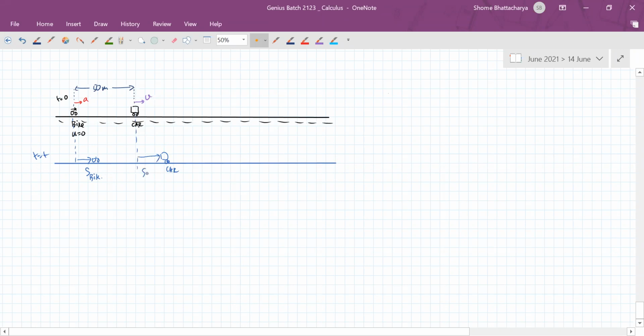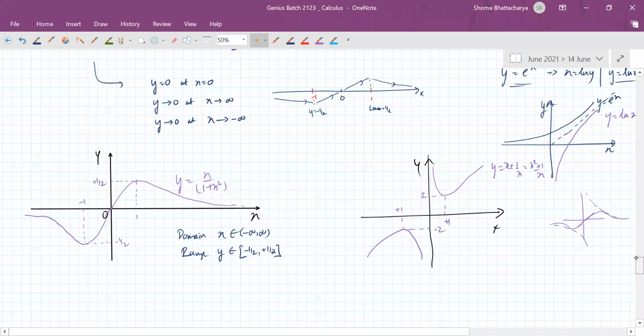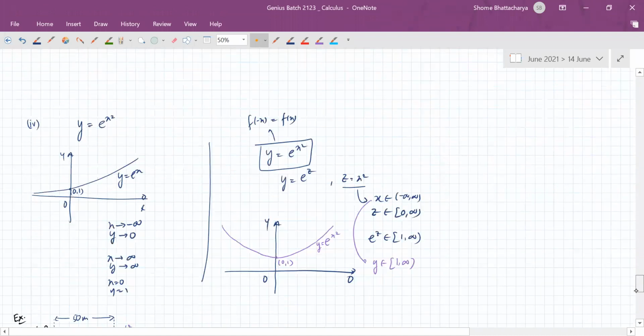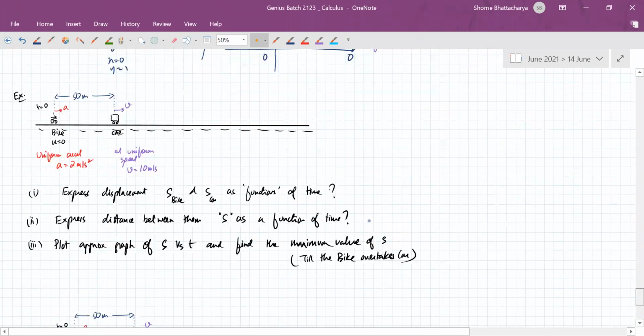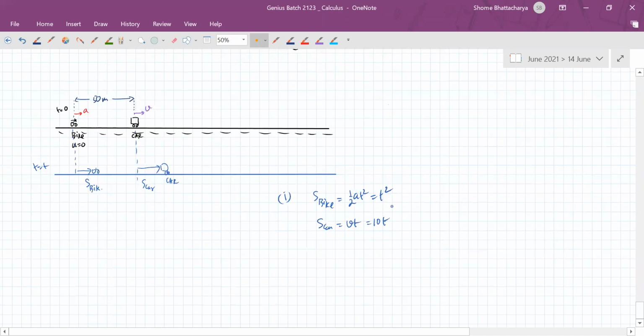This is the displacement of the car. So the displacement of the bike as a function of time, because it's uniformly accelerated, will be t square, and its initial velocity was 0. Whereas displacement of the car will be uniform velocity into time. So that will be, how much was the velocity? 20 meters per second, right? 10, sorry. So 10t.